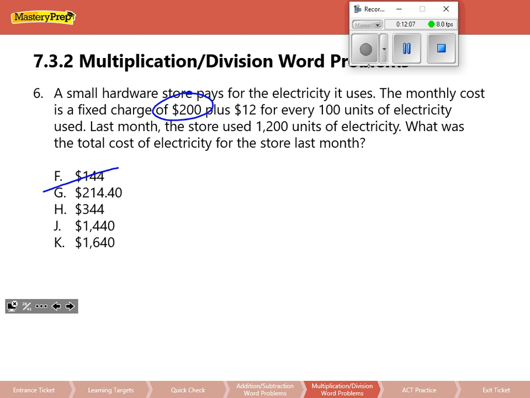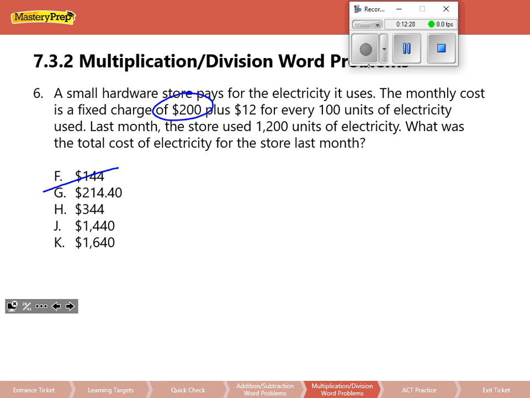So we know that it's going to be $200 for sure. And then we have $12 for every 100 units after that, yes? So if they use just 100 units, it would be our $200 plus 12, so $212, yes? Well, did they use more than 100 units? Well, yeah, they used 1,200, right?